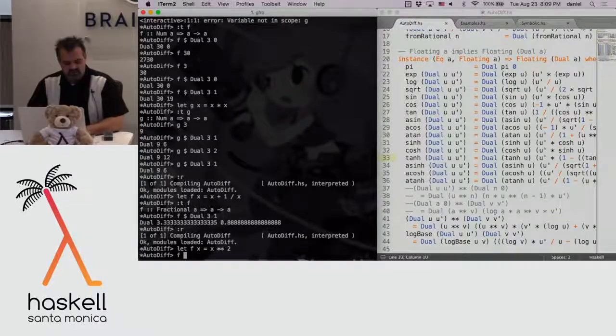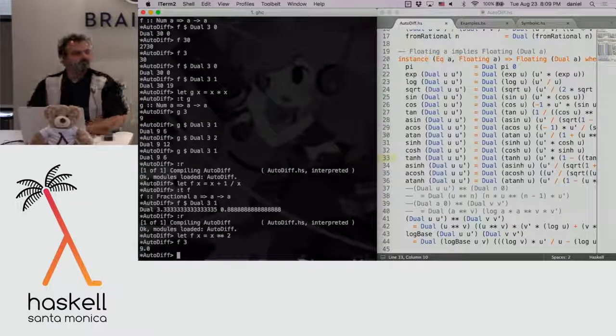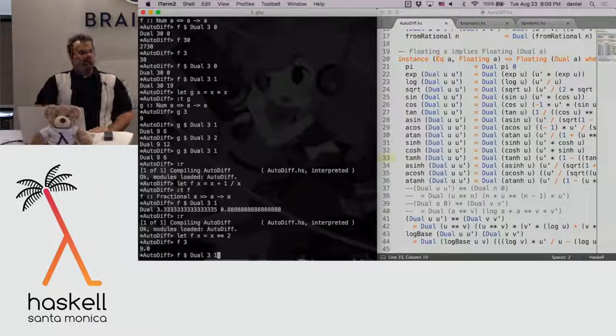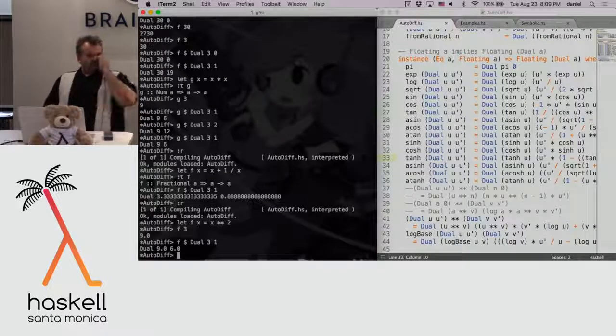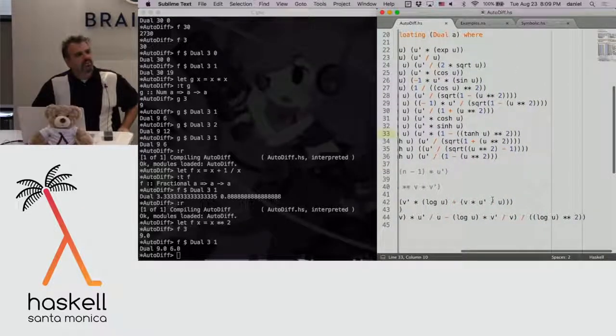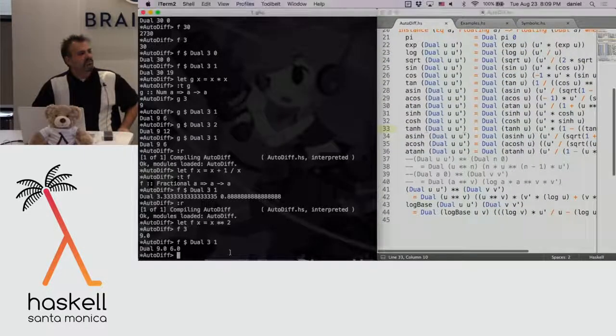So of course when we apply this to 3, we get 9. When we apply this to 3, 1, remember 1 is our magic second input if we want to get the right answer, we get 9, 6. That works fine. Actually, where does it break? Where's the division? Try it with x to the x.